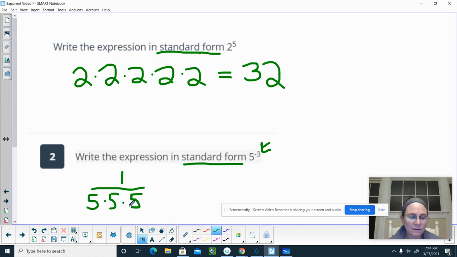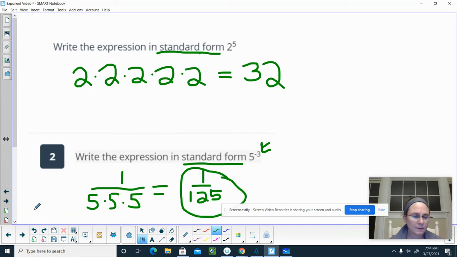Now what I've written here is expanded form. The question asked for standard form. So then standard form is 1 over 5 times 5 times 5, which is 125. All right, moving on.